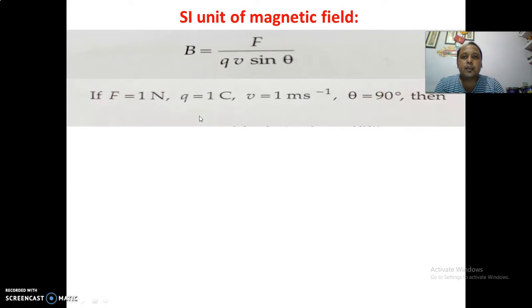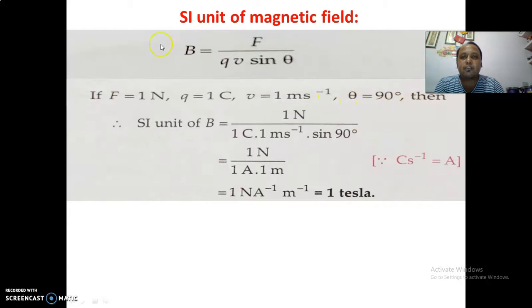Now if all the quantities, force is 1 Newton, charge 1 coulomb, velocity 1 meter per second, and the angle theta is 90 degrees, then the value of magnetic field B will be unity, that is 1.